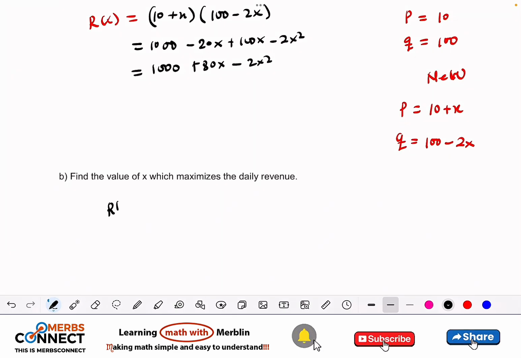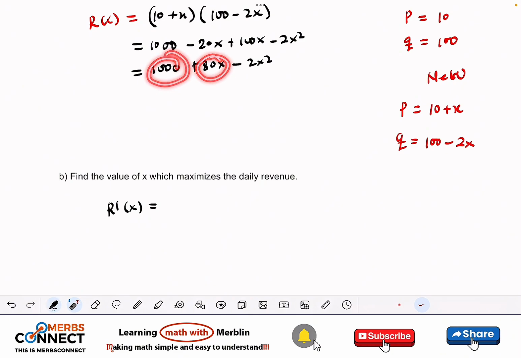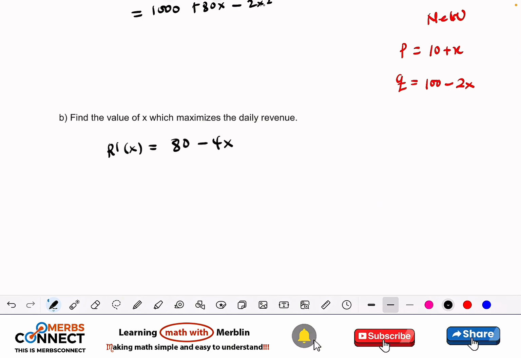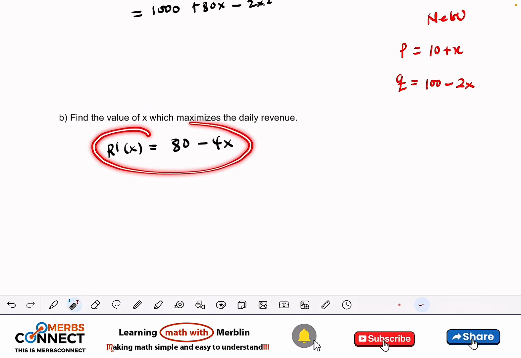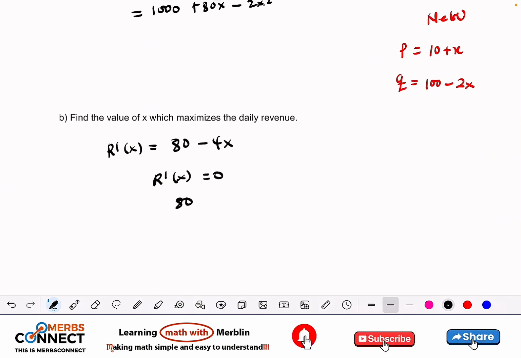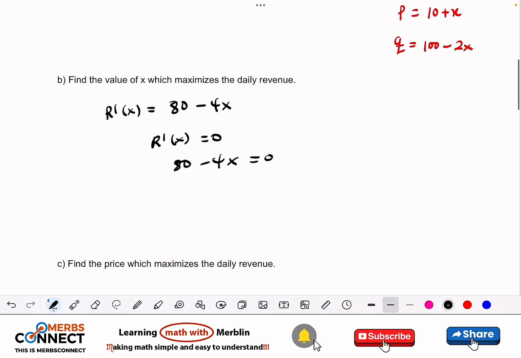So now let's look for R prime of X. When I differentiate 1,000, I get 0. When I differentiate the rest, I'm going to have 80 minus 4X. We want to maximize this, and this is when R prime is equal to 0. So R prime of X is equal to 0, and then 80 minus 4X is also equal to 0.